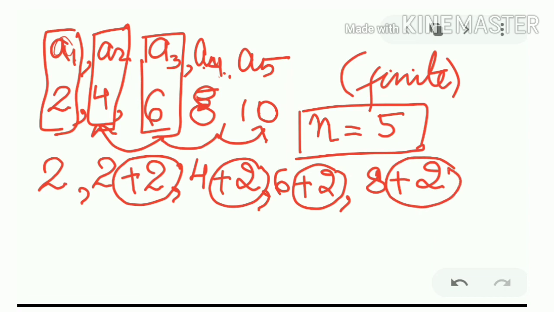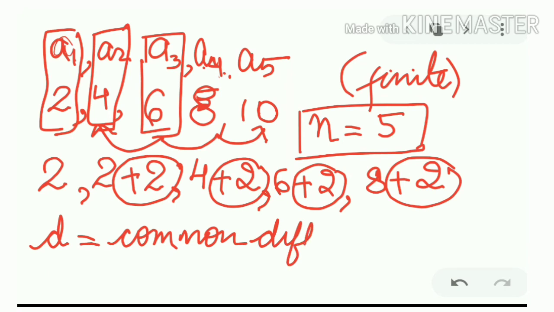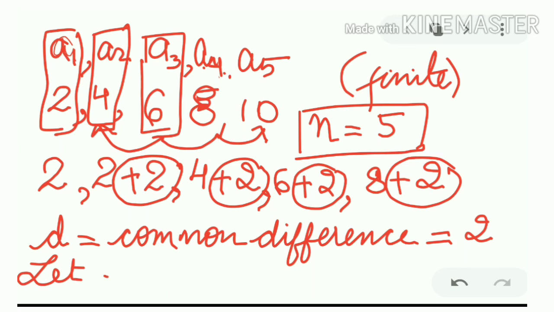And as told to you earlier, this is known as D, the common difference. In this case, for the first 5 multiples of 2, the common difference D is equal to 2.